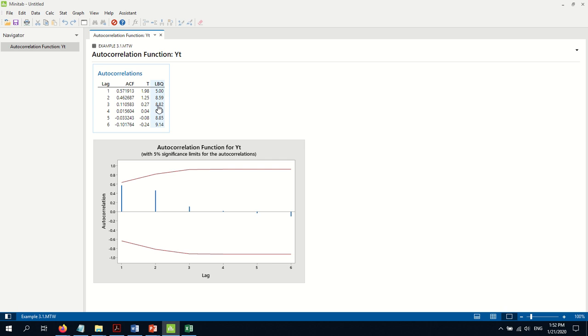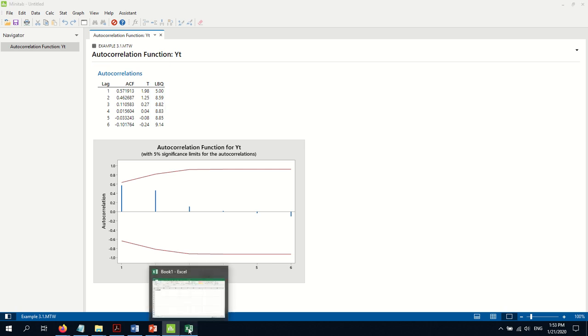Here we have 8.82. We compare this LBQ statistic with a critical value found using a chi-square distribution with degrees of freedom being the number of lags in the group, which is 3 in our case.